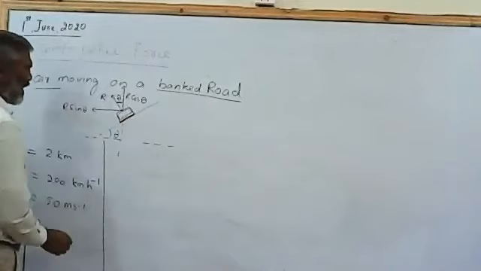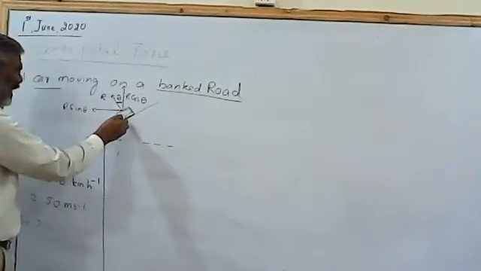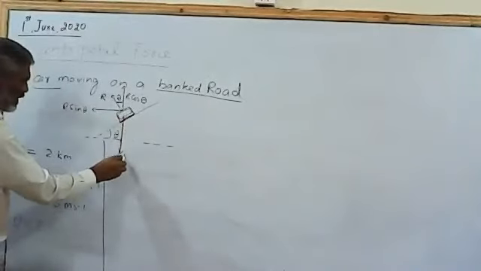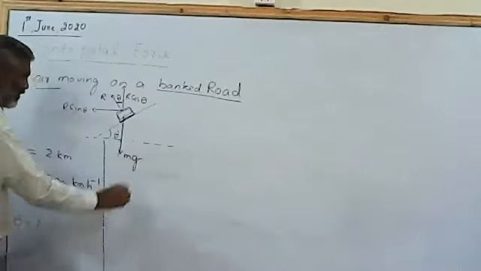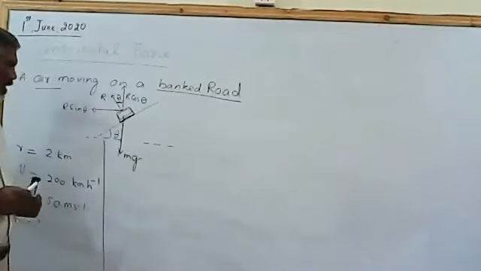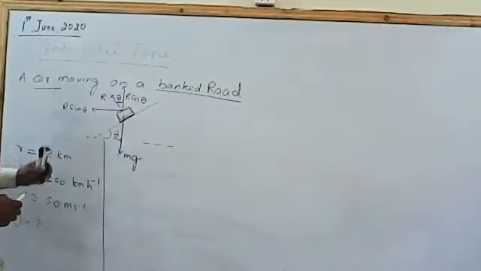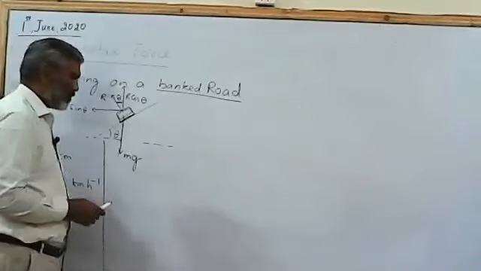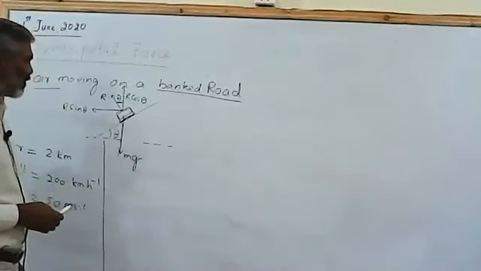If M is the mass of this car, the weight is vertically downward, and again this is mg. Again, there are two equations we can write for this situation, like the example we have discussed before.